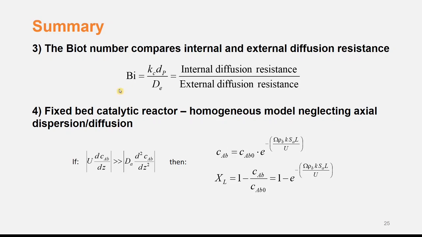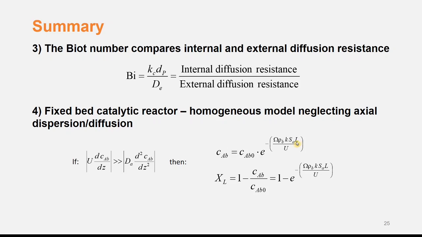We then derived a homogeneous model of a packed bed catalytic reactor. If we can neglect axial dispersion and diffusion, then we were able to solve it analytically to give the following solution. So the bulk concentration of A, CAB, is an exponentially decaying function of the position in the bed.